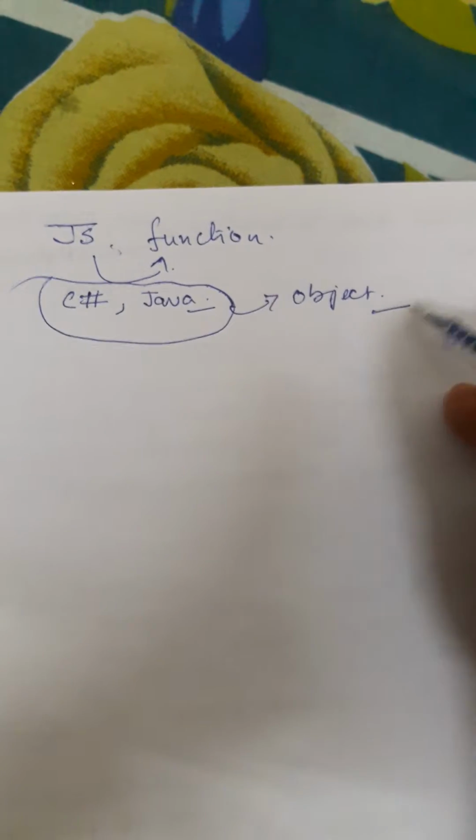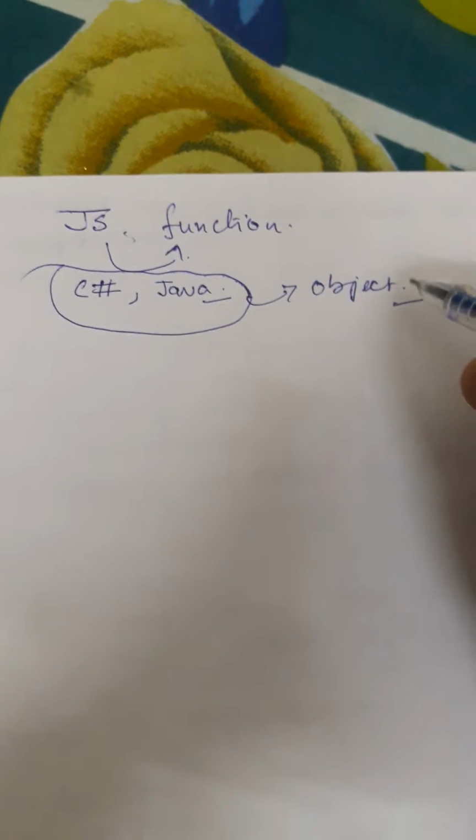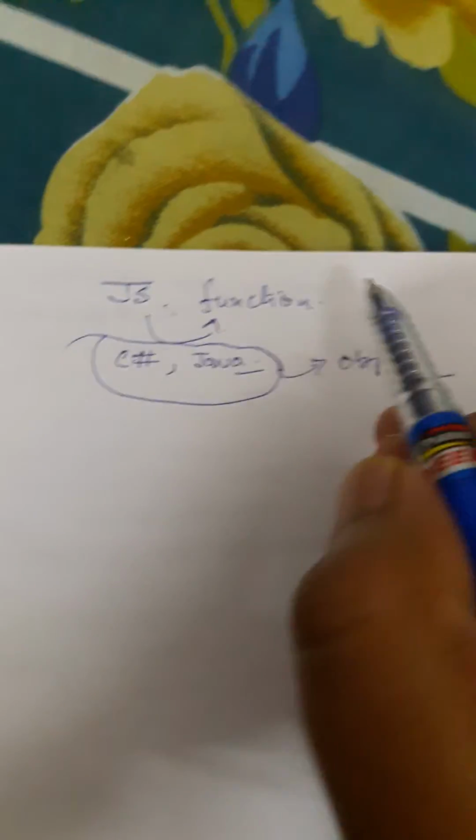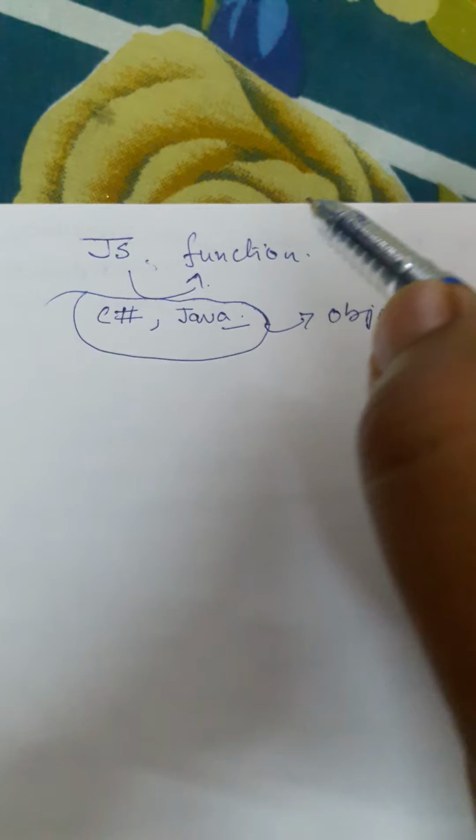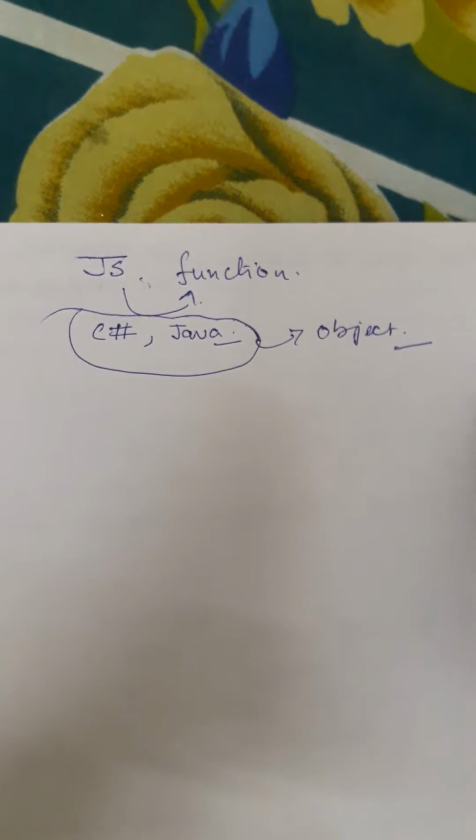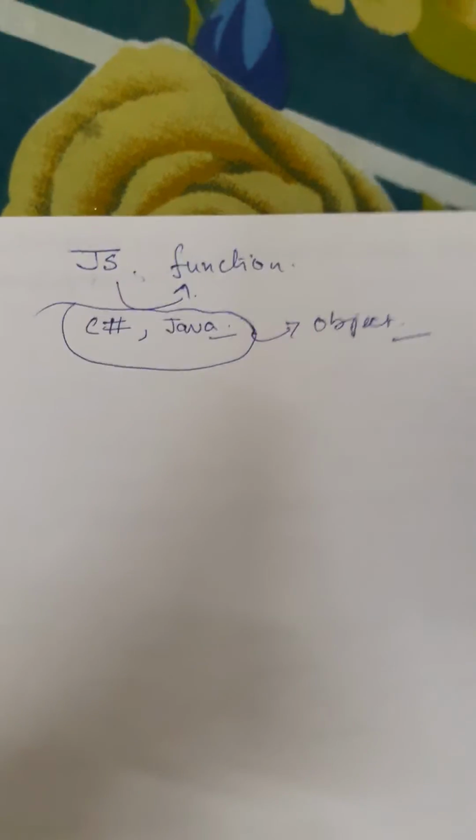So they are object oriented programming, not purely but more of object oriented programming, but in case of JavaScript they are more of a function oriented programming. So the beauty of JavaScript comes from here.